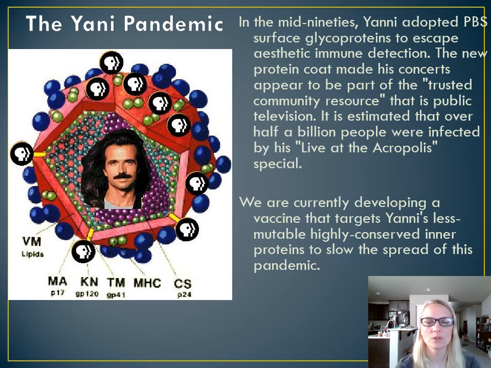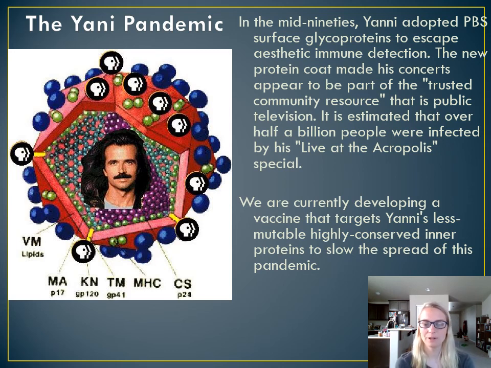PBS. So the story goes for this Yanni pandemic. In the mid-90s, Yanni adopted PBS surface glycoproteins to escape aesthetic immune detection. The new protein coat made his concerts appear to be part of the trusted community resource that is public television. It is estimated that over 500 million people were infected by his Live at the Acropolis special.